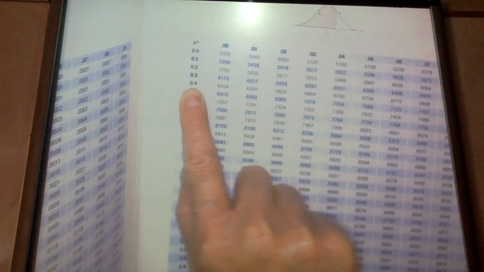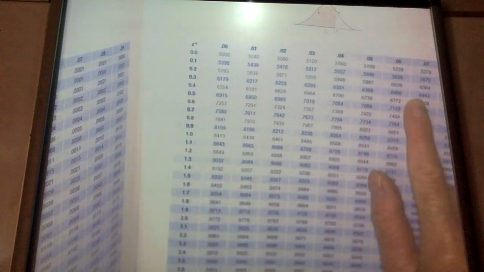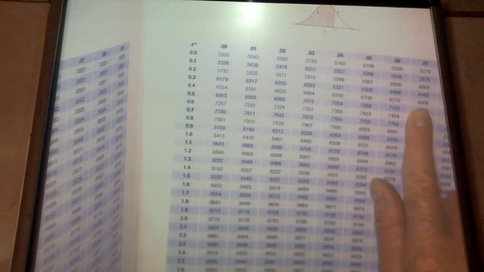Remember, these two values are on the left. This value is on the top of the table, okay? For 0.47, I would look on page 719, 0.4, and scan all the way over to 0.7, and I got 0.6808.